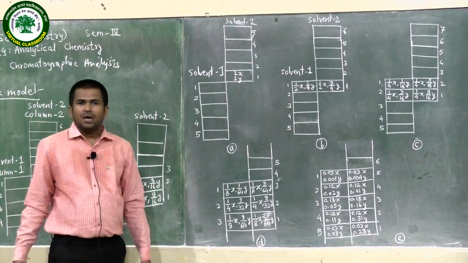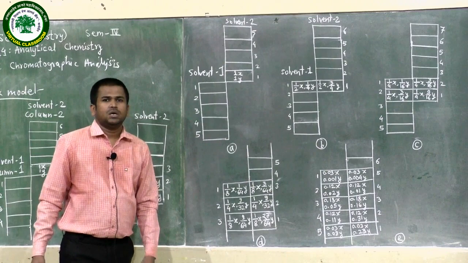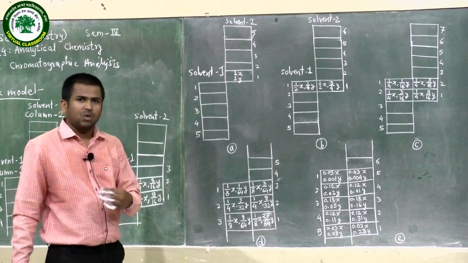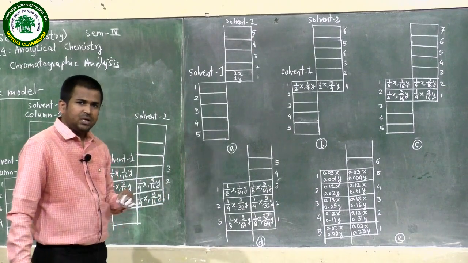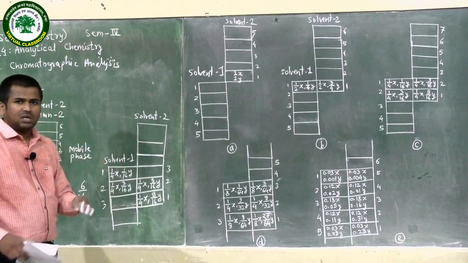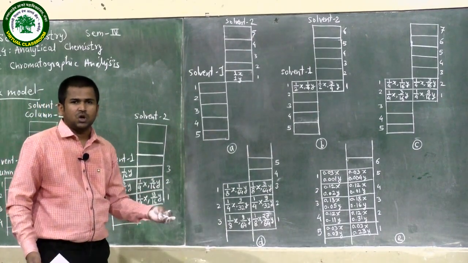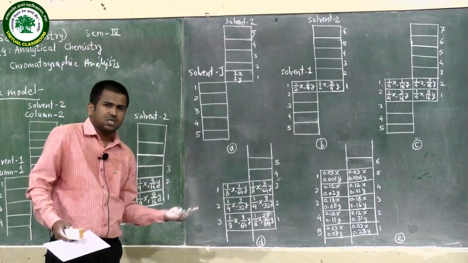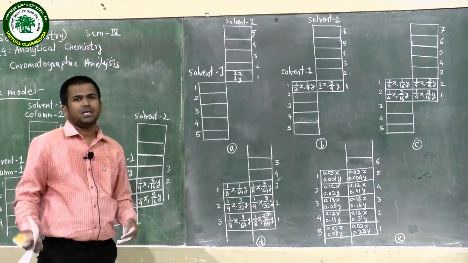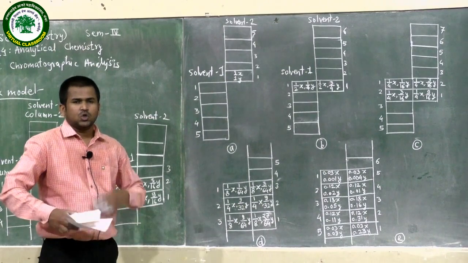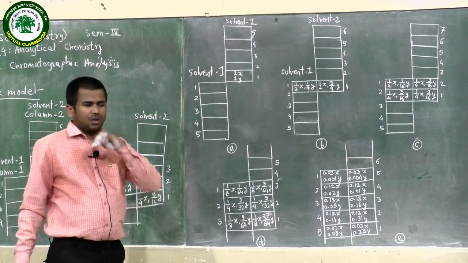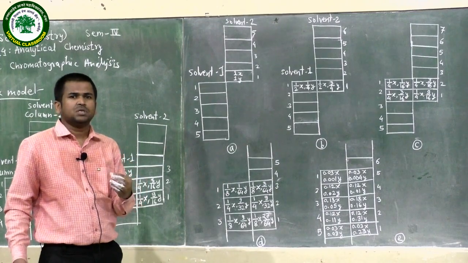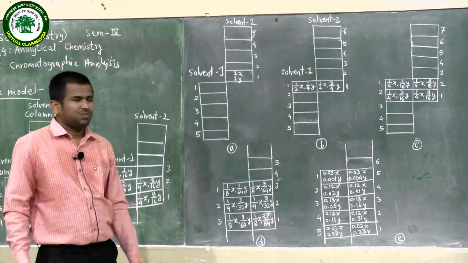In this way, as we go on putting a new box of solvent 2 over column 2 and pushing it down by 1 unit, a number of times redistribution of solute takes place between the stationary liquid phase and the mobile phase. So thousands of times or several times this redistribution takes place.